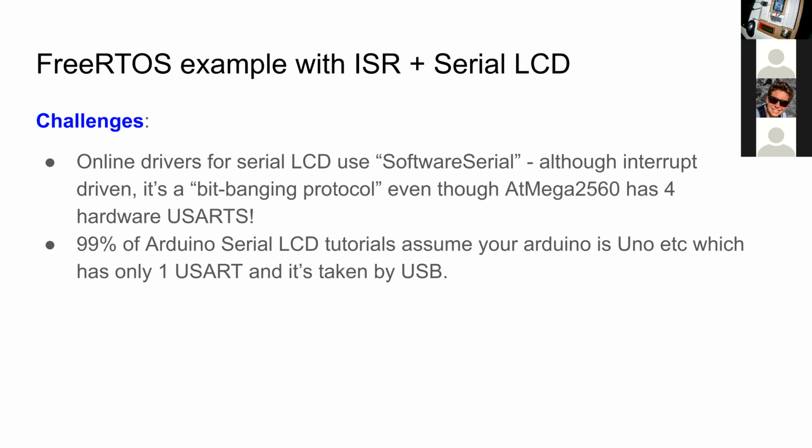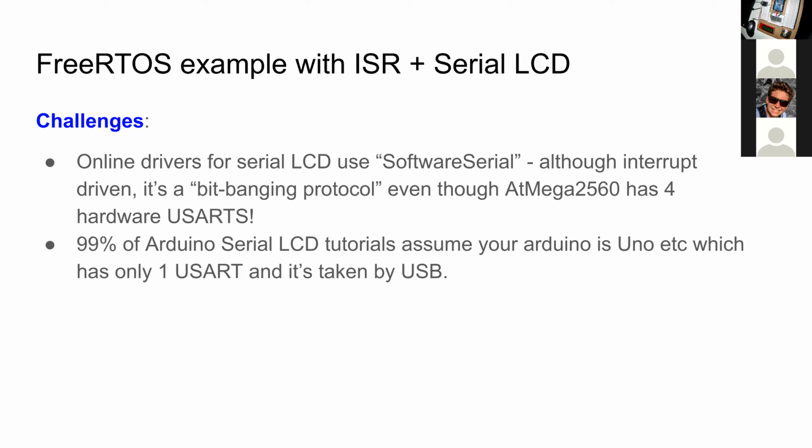You don't have to write it, that's the good news, but performance, not so sure, especially because the Mega 2560 that we are lucky enough to have has 4 hardware devices to do serial communication. So there's really no reason.